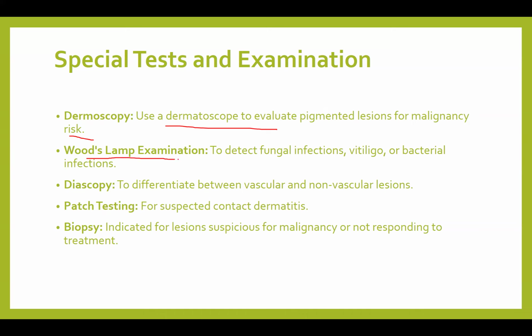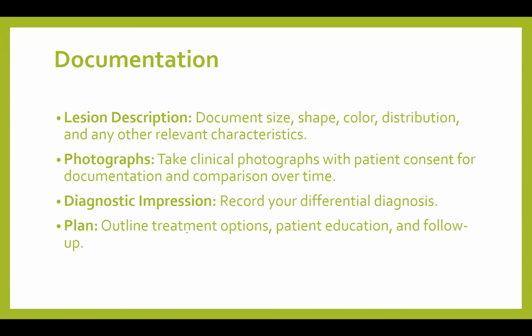This is very key because sometimes with infections or some conditions, when you shine light on them, they fluoresce, giving off light of a particular color and wavelength. So when you pick that, you can even make a diagnosis from just the Wood's lamp. The rest, patch test and biopsy, we shall show in detail in a subsequent video.